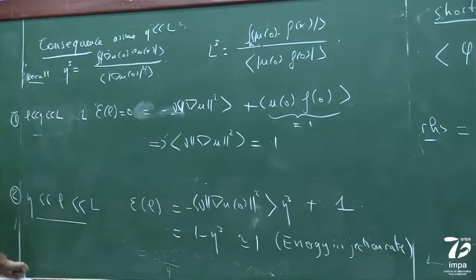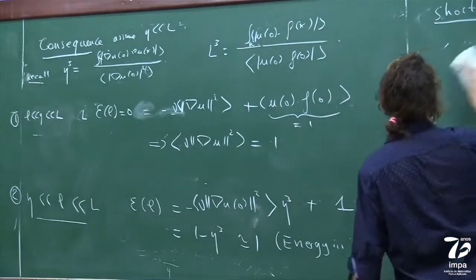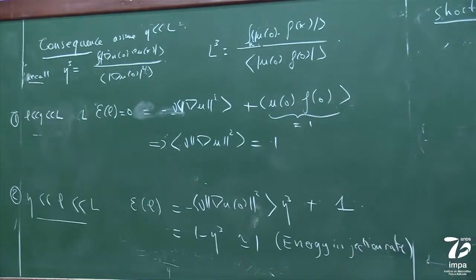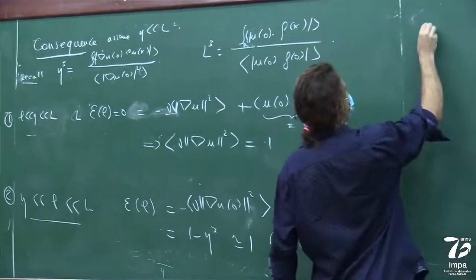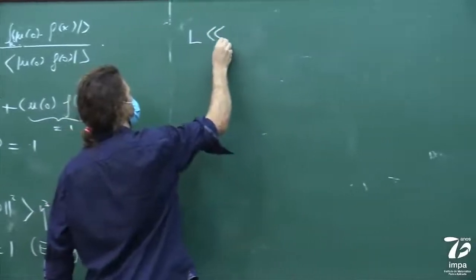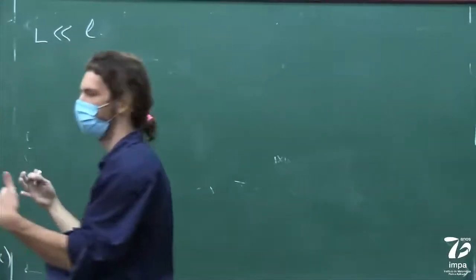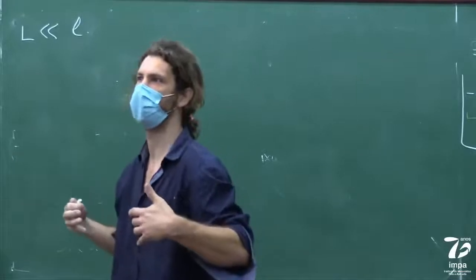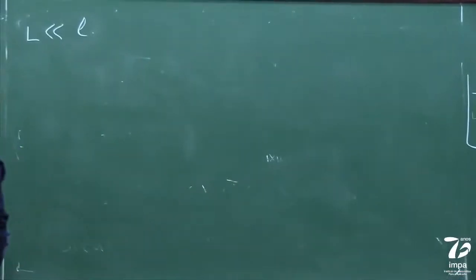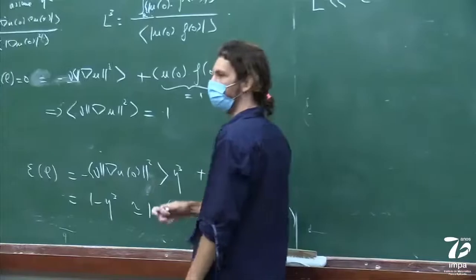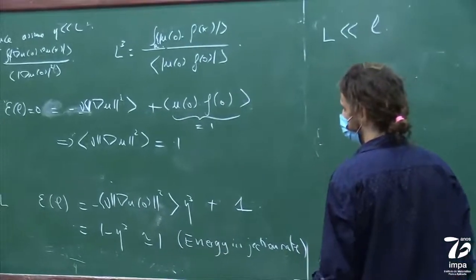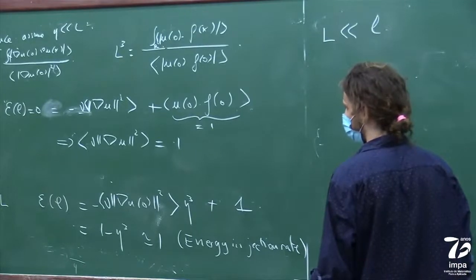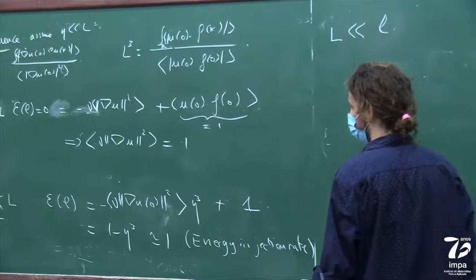And finally, we have the third range, which we can discuss. This time we take the observation scale which is very small compared to the correlation length of the forcing, then it's not eta cube which is going to appear, but, what?